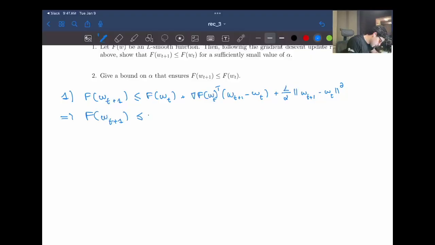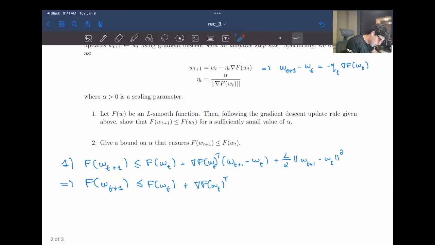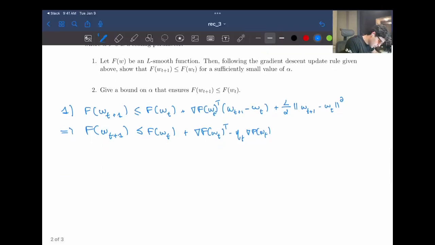f of w_{t+1} is smaller than or equal to f of w_t plus grad f of w_t transpose. And then here we just replace with this, minus, oops, eta_t grad f of w_t. Then L over 2, and then again minus this, correct?